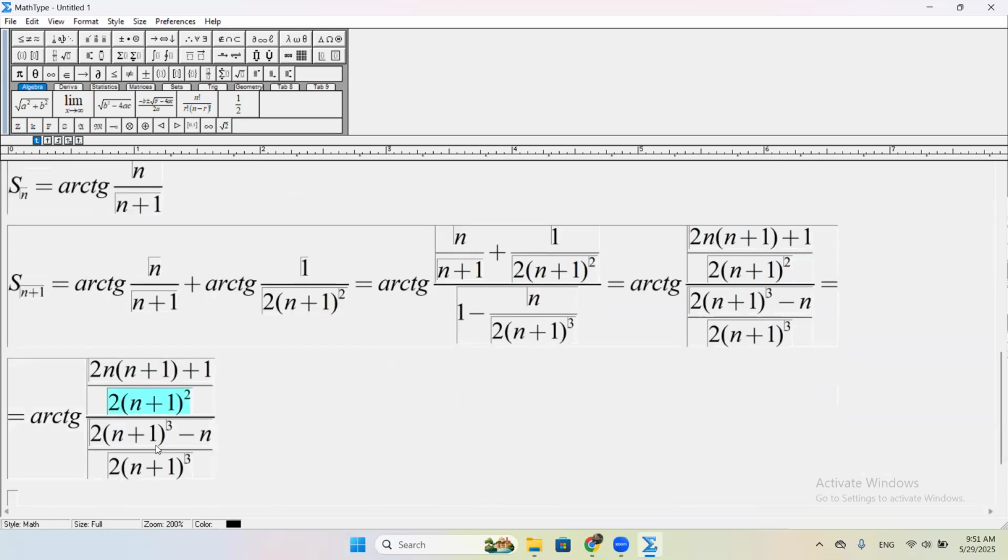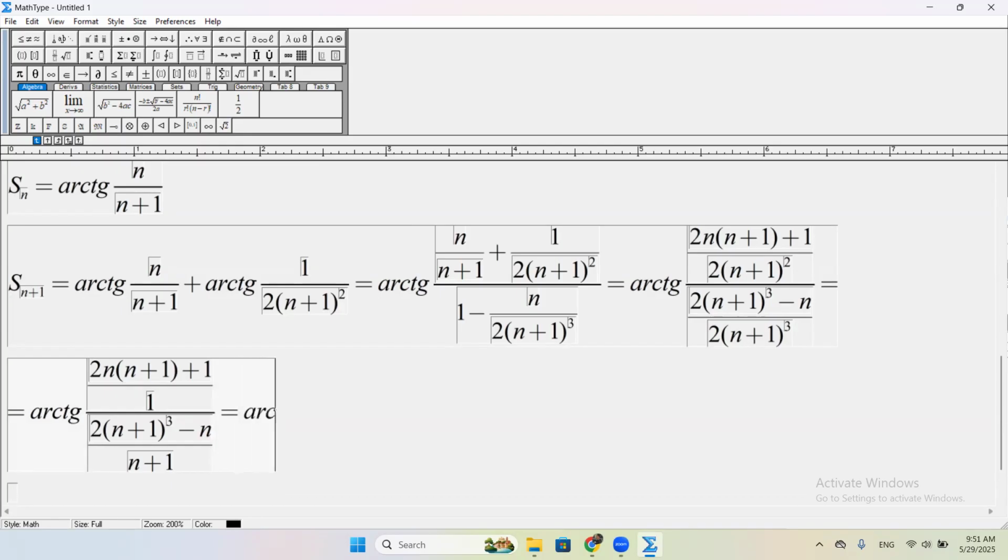Next, let's cancel these parts and continue simplifying. So what we will receive is n plus 1 by this expression, and this is the denominator.